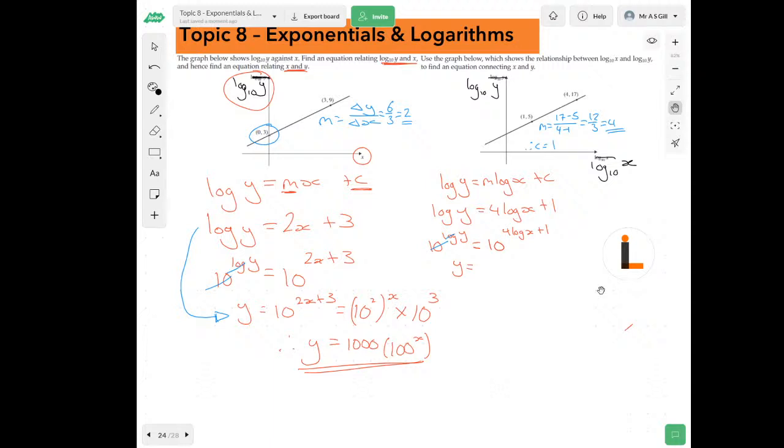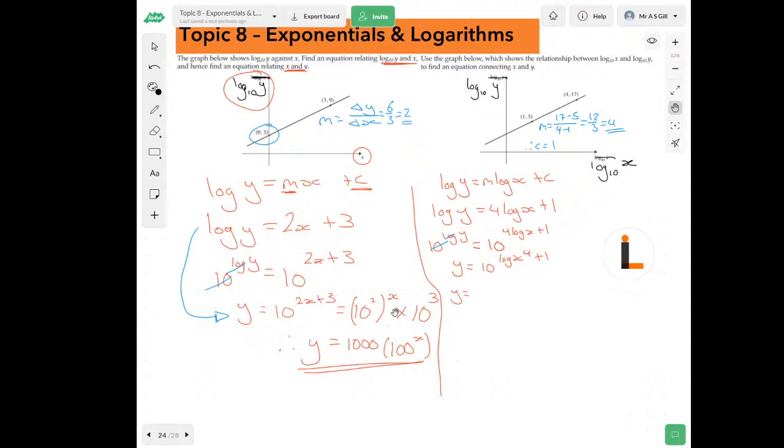And on the right hand side, I'm going to rewrite this first as log x to the 4 plus 1. And then again, let's separate this out on the right hand side. Just like we did here, we had 10 to the 2x plus 3, and we separated out the 2x.